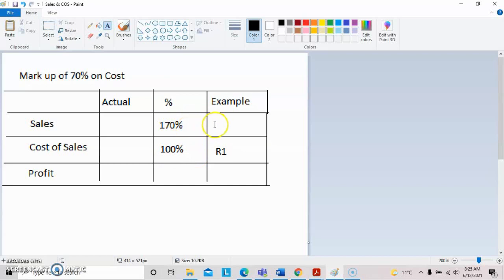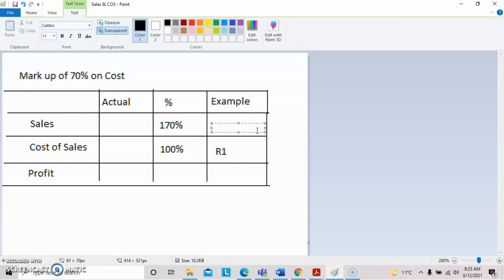Okay, and then if I was to make the example this side, it's going to be how much? It's going to be R1, which is the amount from cost of sales, right? Plus how much? If you say R1 times 70%, how much do you get? You can pause the video now and work it out on your calculator.